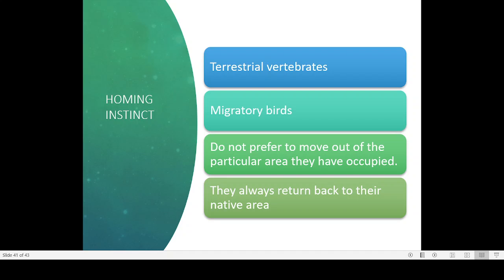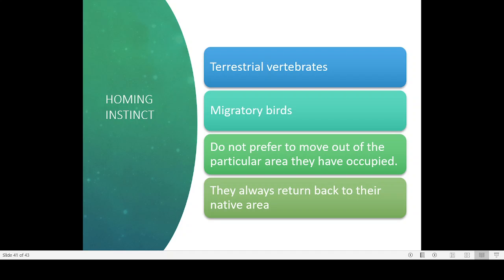Then another peculiarity of the animals is the homing instinct. Homing instinct simply means coming back home. Just like human beings, even though you are moving away from your home, in the evening you go back home.